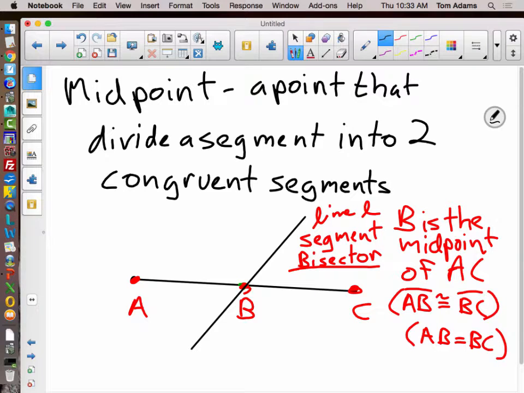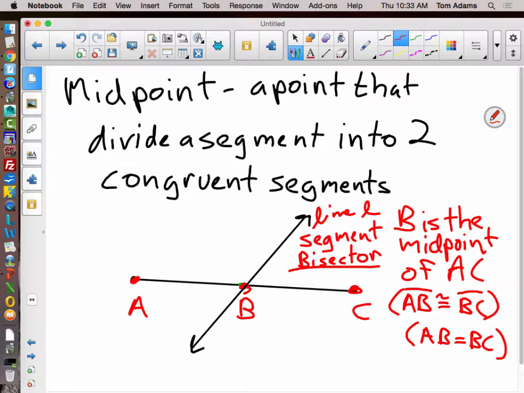I divided the angle into two congruent angles. We should probably be a little more formal. When I say that this is a segment bisector, I'm saying that line L is a segment bisector.